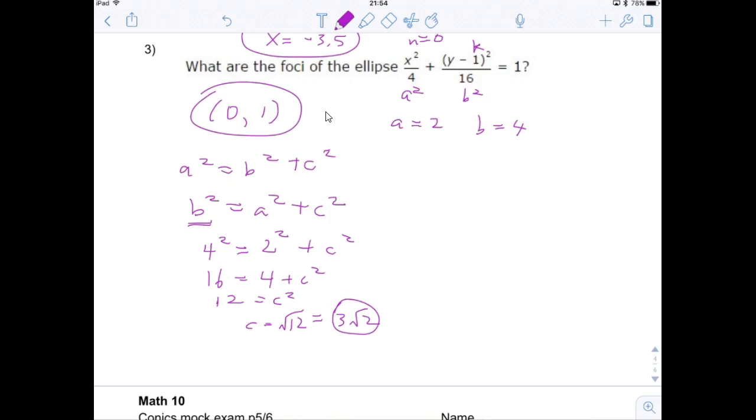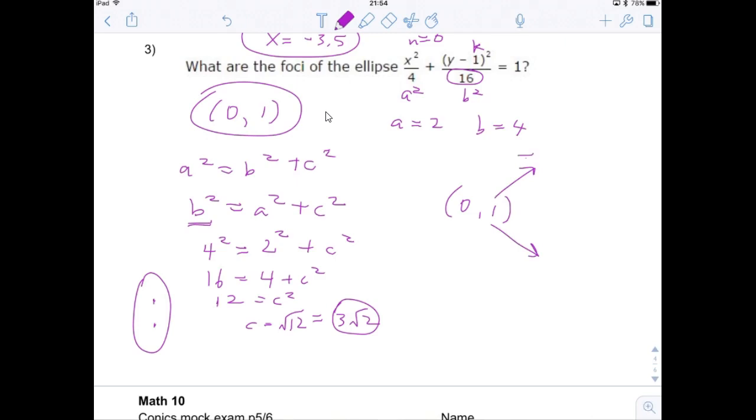Is this ellipse a wide ellipse or a tall ellipse? Well, since the b value is longer, that means it's a tall ellipse. So if it's a tall ellipse, then the foci are oriented vertically. So you're going to take the (0, 1) and change the y value.